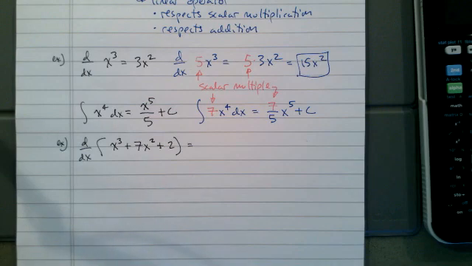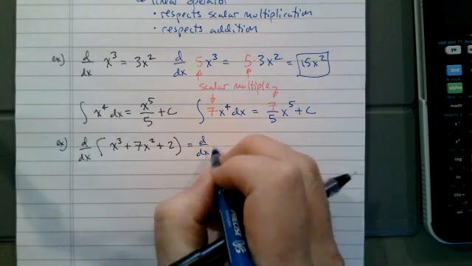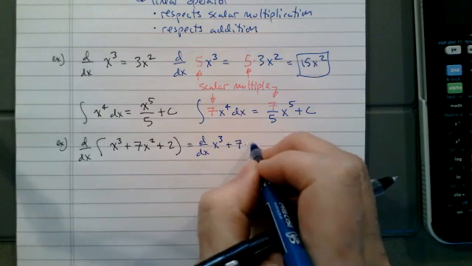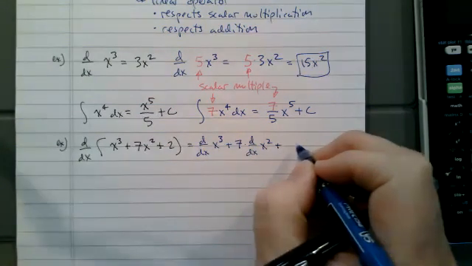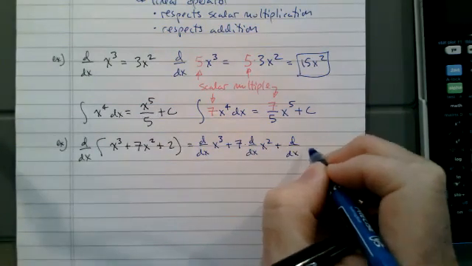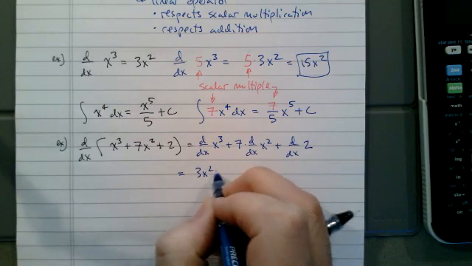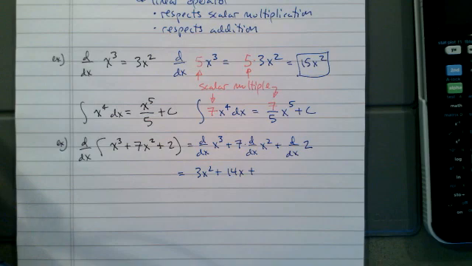We'll take the derivative of x cubed plus 7 times the derivative of x squared plus the derivative of 2. So we get 3x squared plus 14x plus 0.